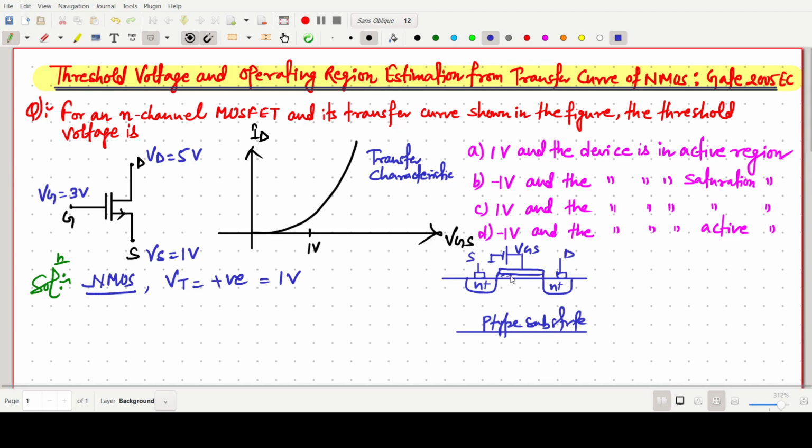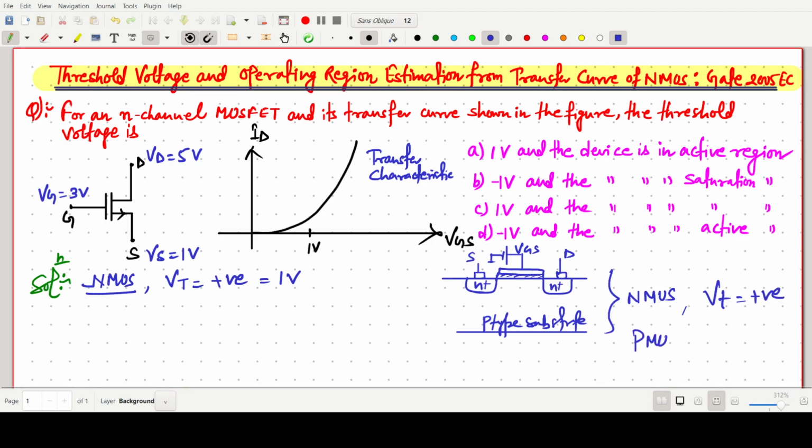This one is the oxide. So this is basically our NMOS. So VGS minus VT. VT will be positive for NMOS, and if it is a PMOS, the threshold voltage will be negative. It is a very well known thing, so I'm not discussing it too much.